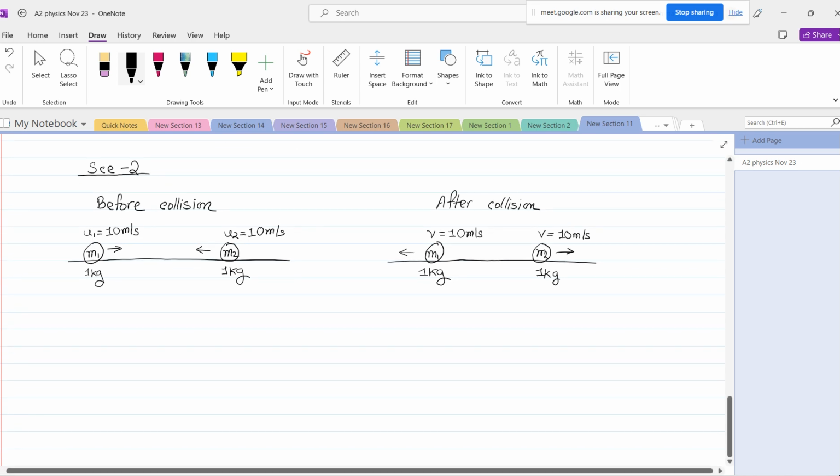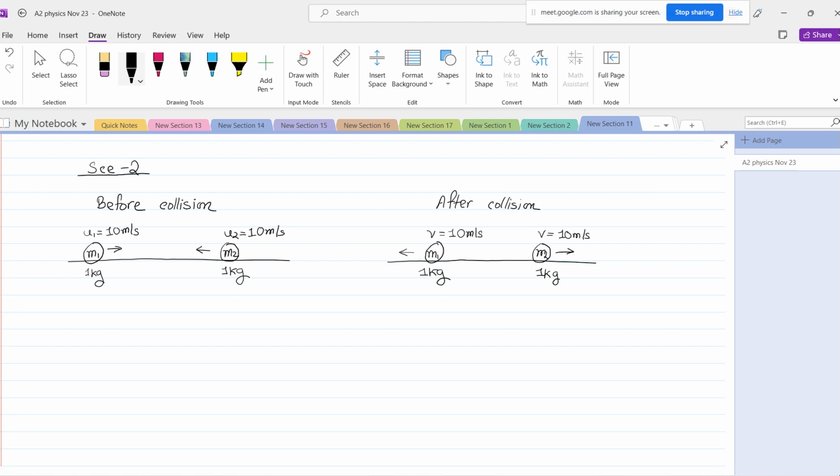Now to calculate before collision and after collision, we have to specify whether we take direction towards right or towards left as positive, because here both directions are involved. So I am taking direction towards right as positive.